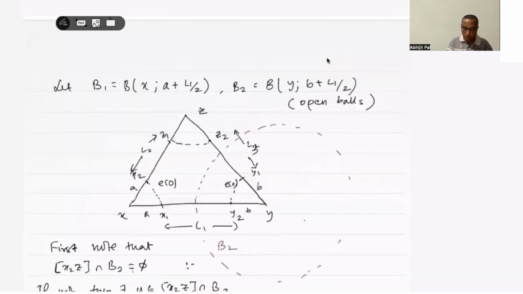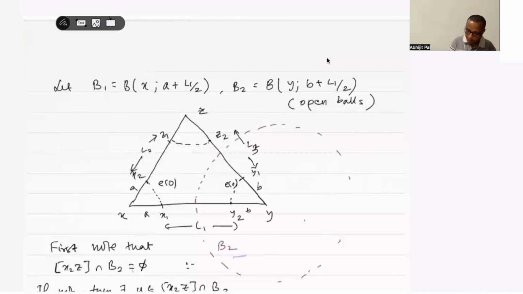Okay. So now let us take a ball, which I have called B1, around this point X of radius A plus L1 by 2. And let us take the ball B2 around Y and of radius B plus L1 by 2.